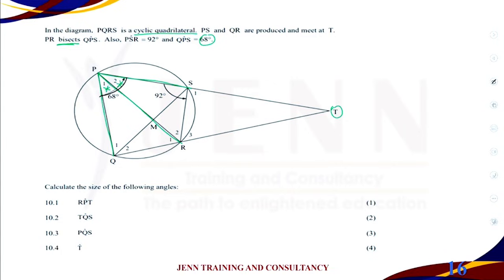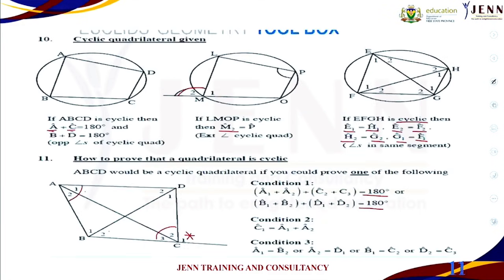PQRS, it is a cyclic quadrilateral. Whatever you do, you must make sure that you go back to your toolbox. According to our toolbox, if ABCD is cyclic, then which angles are supplementary? This angle plus that angle.